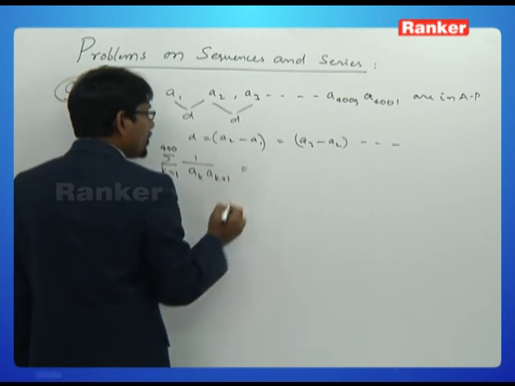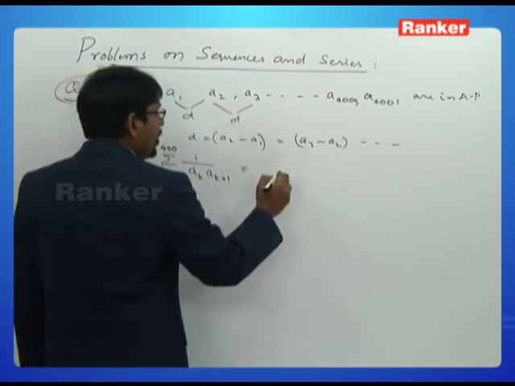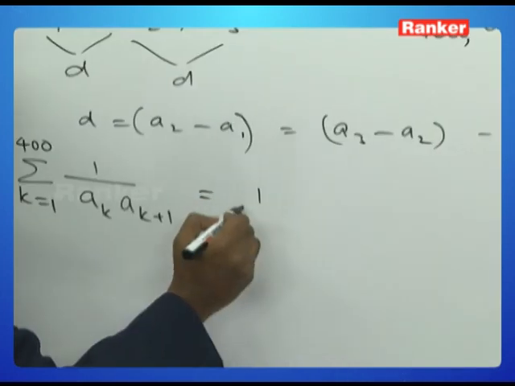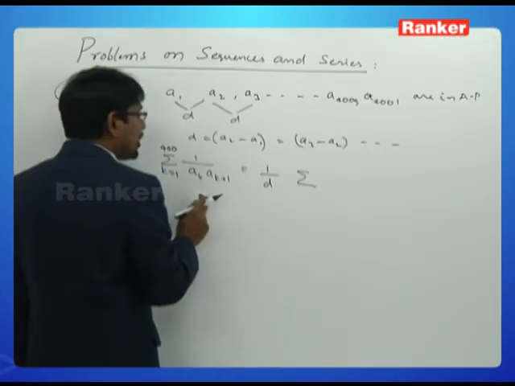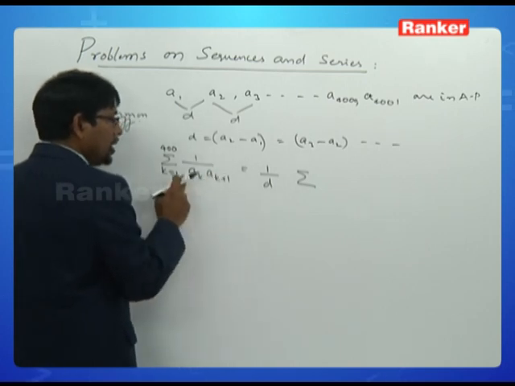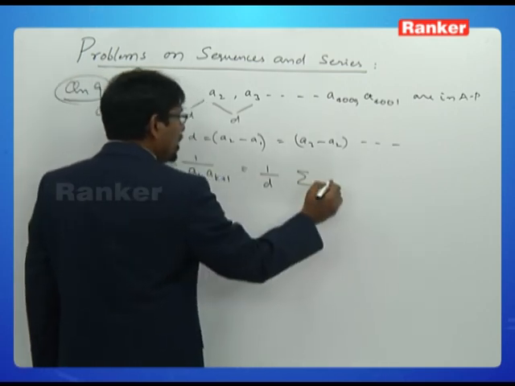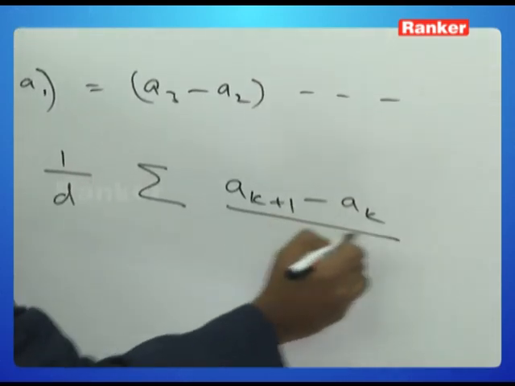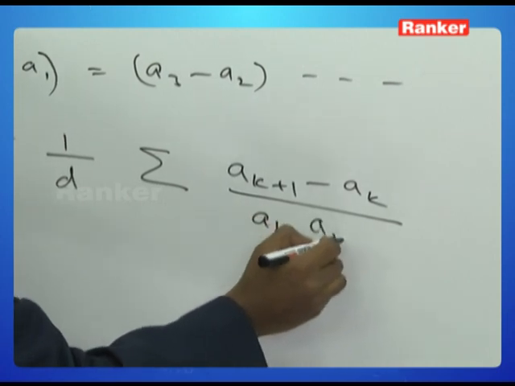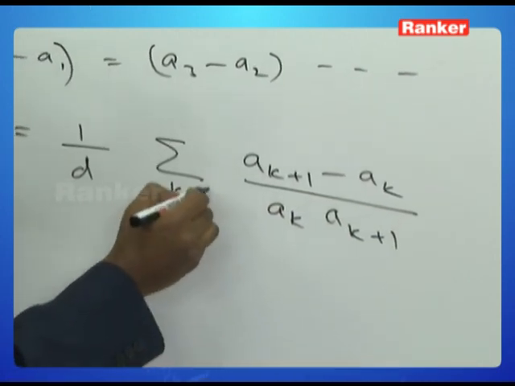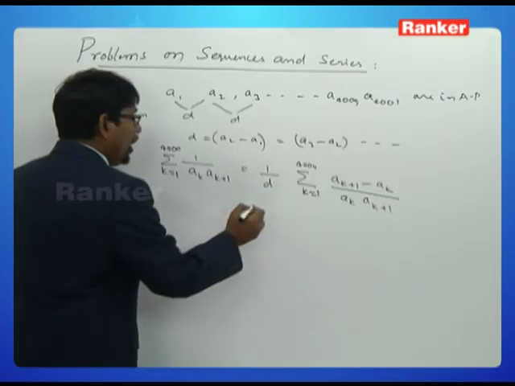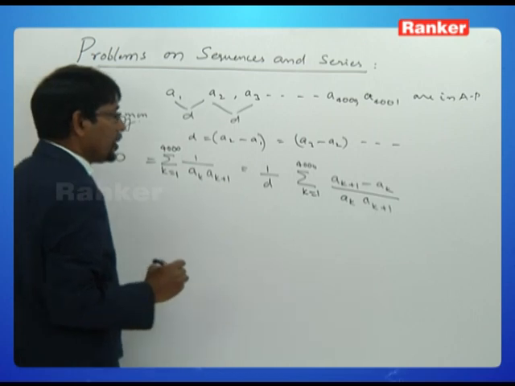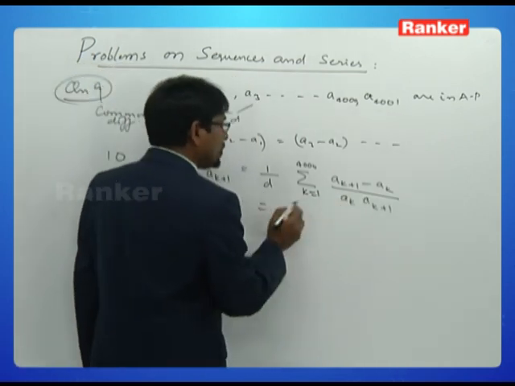So what we'll do is we'll multiply and divide every term by d, so that d can be brought out, and this d here I'm going to write as Ak plus 1 minus Ak divided by Ak into Ak plus 1, k ranging from 1 to 4000. And this summation is actually given to be equal to 10. This is 10, given.